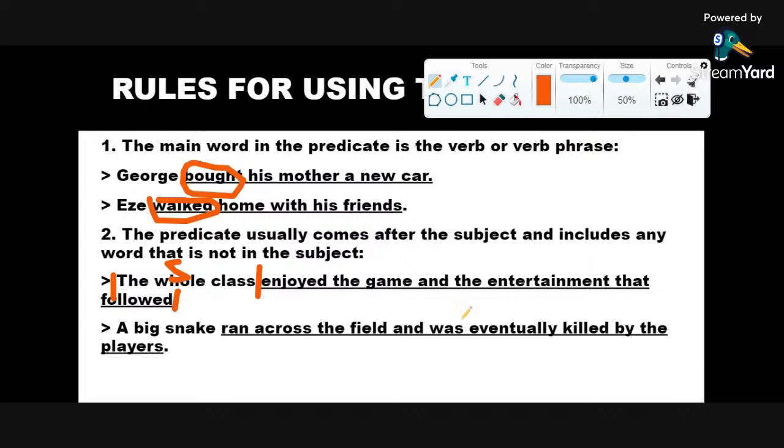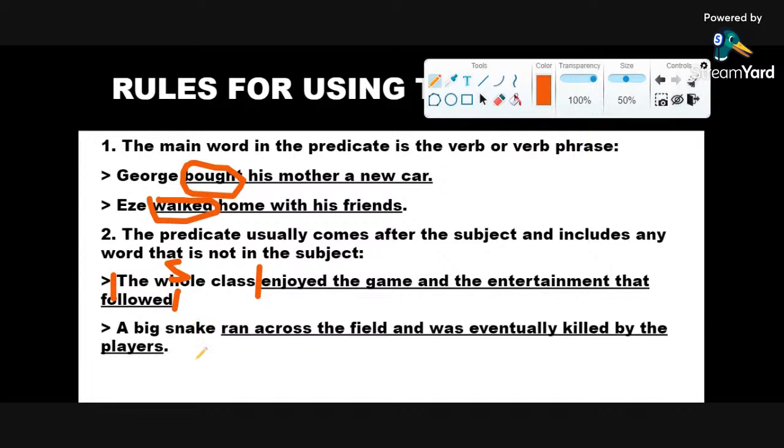Then enjoyed the game and the entertainment that followed is the predicate. And this comes after the whole class, which is the subject. So you can see exactly the way it is.